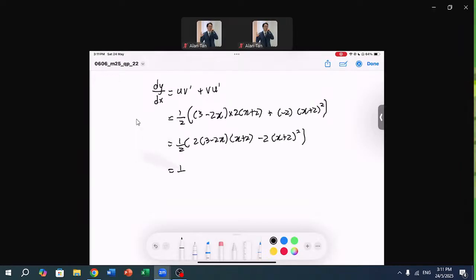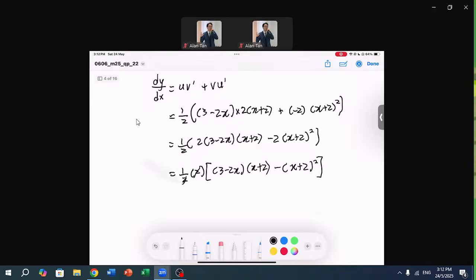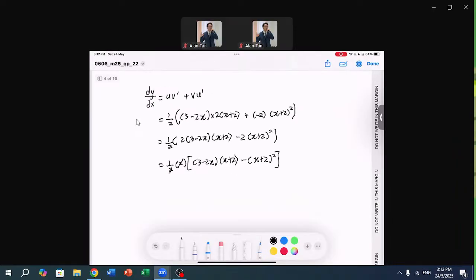So we'll get 1 over 2 times 2[(3 minus 2x)(x plus 2) minus (x plus 2) squared]. 2 divided by 2 is 1. And over here, what we're left with is (3 minus 2x)(x plus 2) minus (x plus 2)(x plus 2).